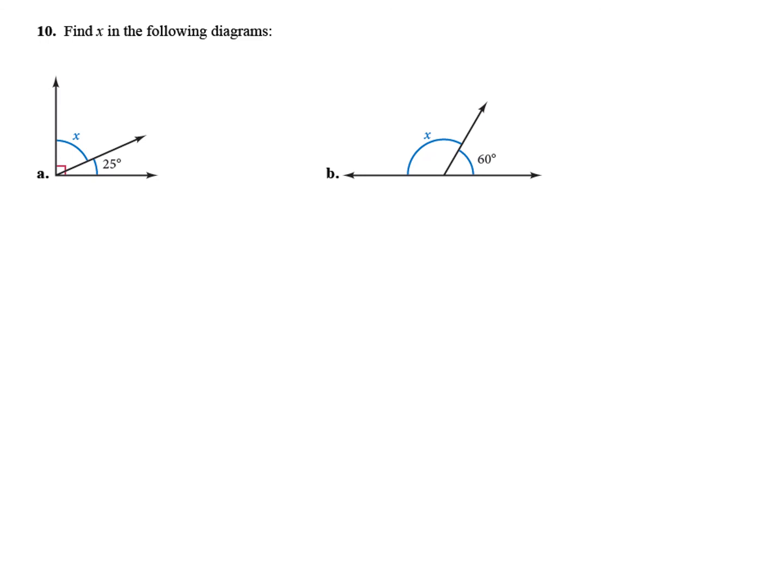So we're going to use a formula that's already been solved for x. In this case, we want to use the formula that's already been solved. It was x equals 90 minus y. I should have written it up here. X is equal to 90 minus y. At this point, we're just going to plug in the 25 wherever we need to.